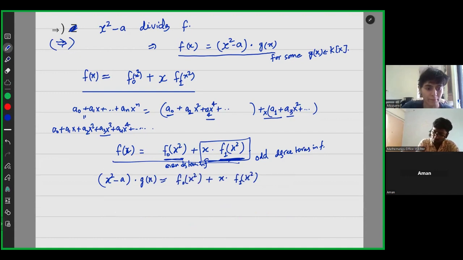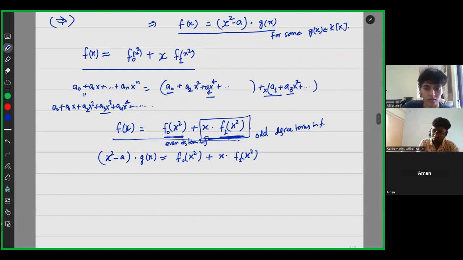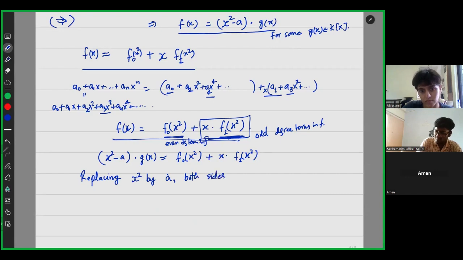Okay. So now you have polynomials both sides. In place of x square, replace by a, both sides. What happens? Left side becomes 0.